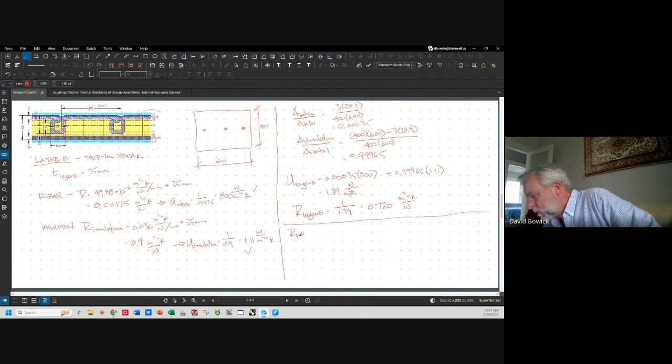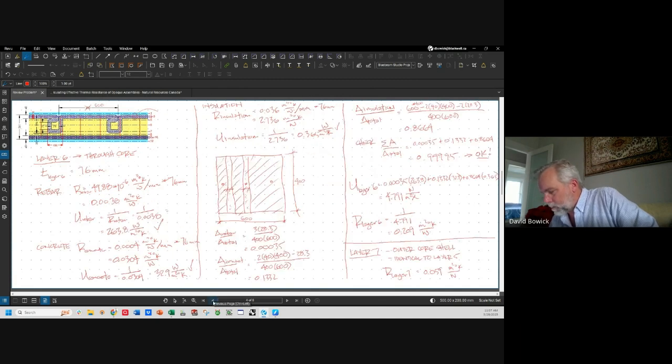R layer 9 equals R, which one is it? Layer 9 is identical to layer 4. So we'll go back a couple of pages.